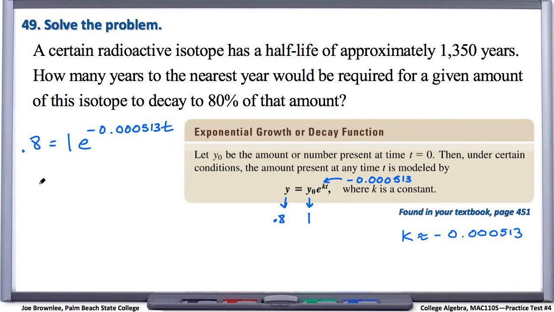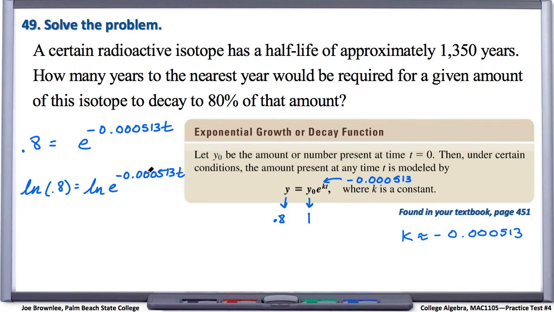Again, let's clean this up a little, and for the sake of time, I'll just erase that 1. So we have 0.8 equals e to the negative 0.000513 t. We take the ln of both sides, so ln of 0.8 equals the ln of e to the negative 0.000513 t.